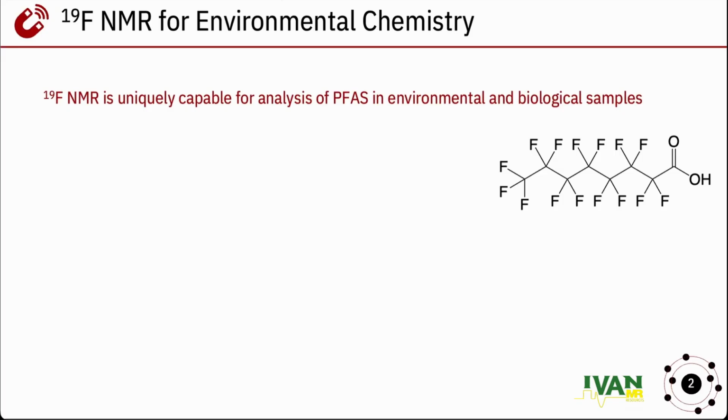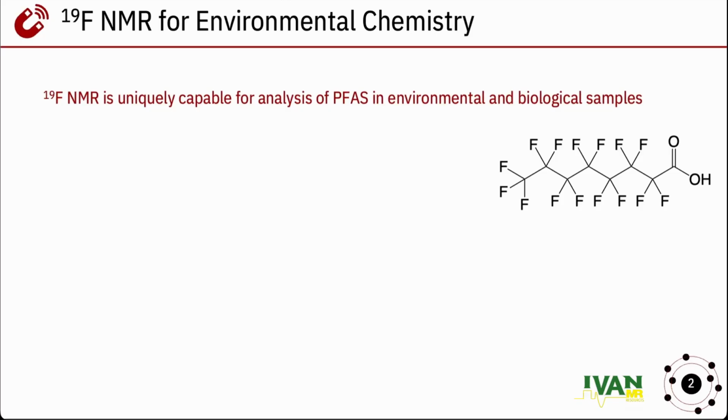So if you're not familiar with PFAS yet, this is your time to get familiar. It's a pretty ubiquitous environmental contaminant. Primarily what we're interested in are these heavily fluorinated small molecule surfactant compounds. And it turns out that fluorine NMR in particular is exceptionally useful at measuring PFAS in a whole variety of samples.